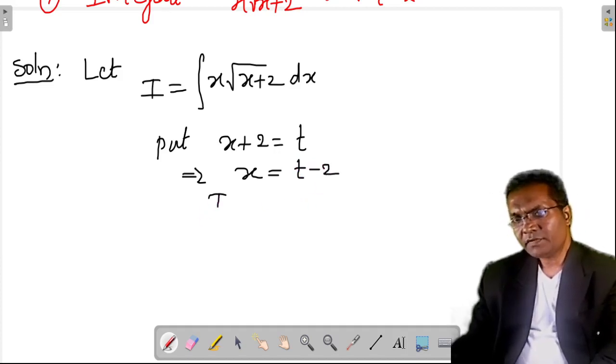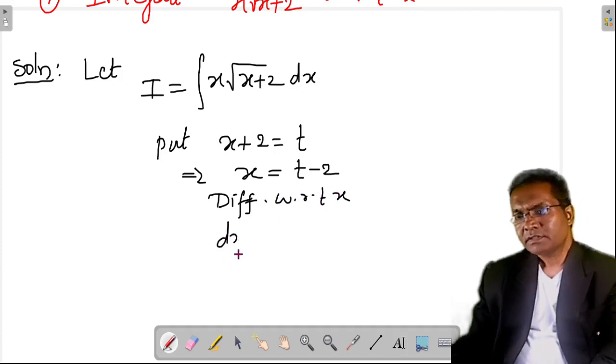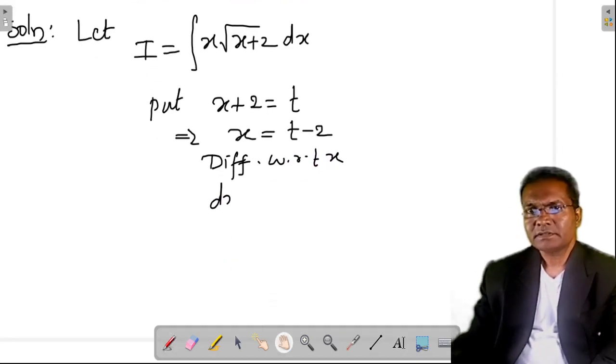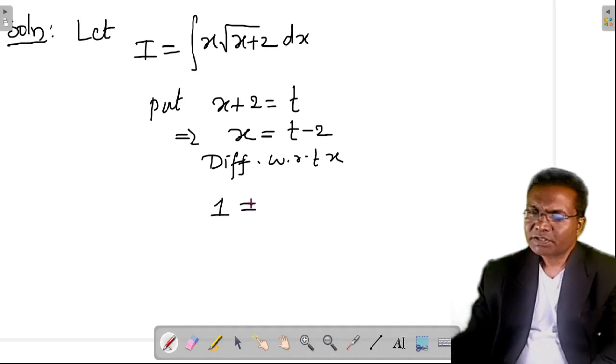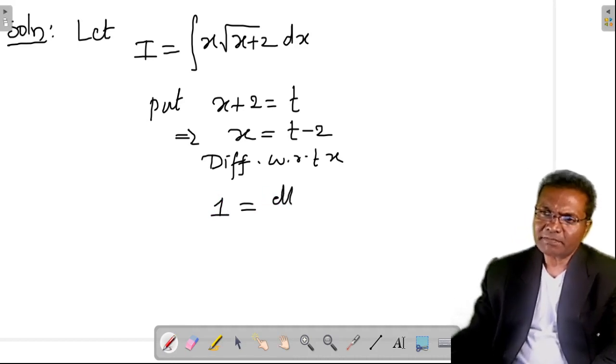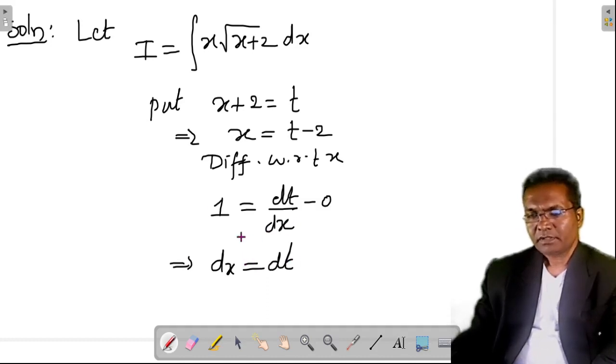Differentiate this with respect to x. What you'll get, this side it is 1, derivative of t with respect to x is dt by dx, and derivative of 2 is 0. So this gives you dx is equal to dt. Bring this dx this side.